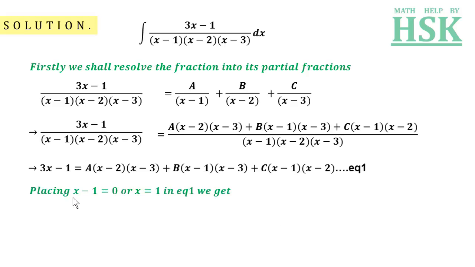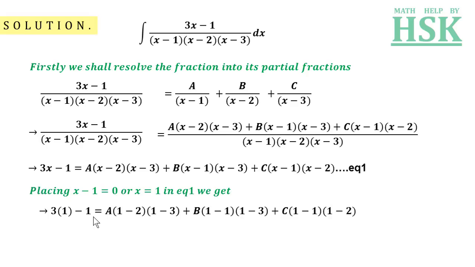So placing x minus 1 equal to 0, or x equal to 1, in equation number 1, we get 3 into 1 minus 1, that is placing x equal to 1. Here I am going to get (1 minus 2)(1 minus 3), (1 minus 1)(1 minus 3), (1 minus 1)(1 minus 2). So you can see here that 1 minus 1 would be 0, which will make this whole term equal to 0.